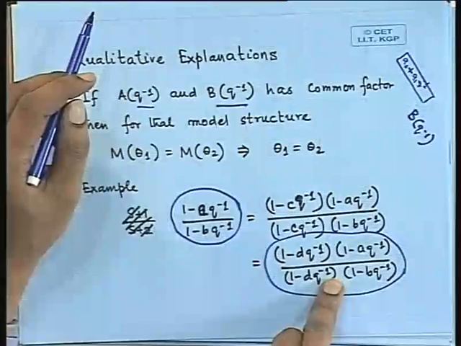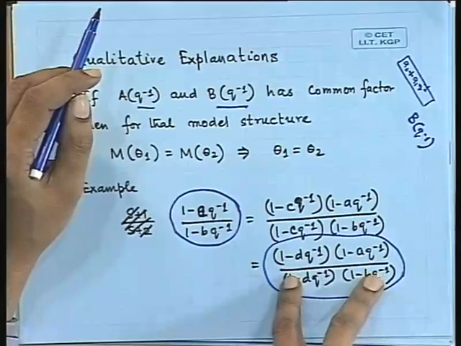So what is the model? See, the same system can be parameterized in various structures. For example, any first order system, which is (1 minus A Q inverse) by (1 minus B Q inverse), we say first order. It can also be written like this. So it can always be seen as a second order system.